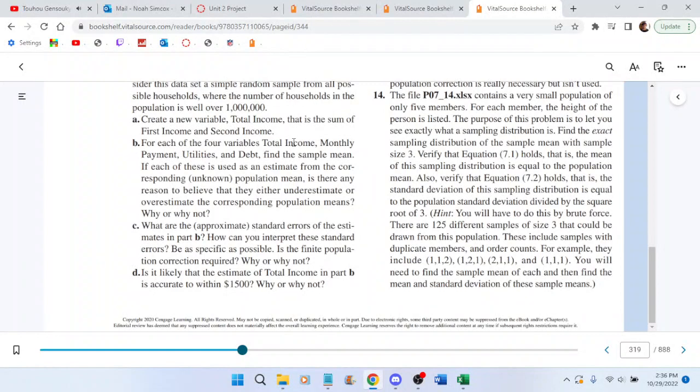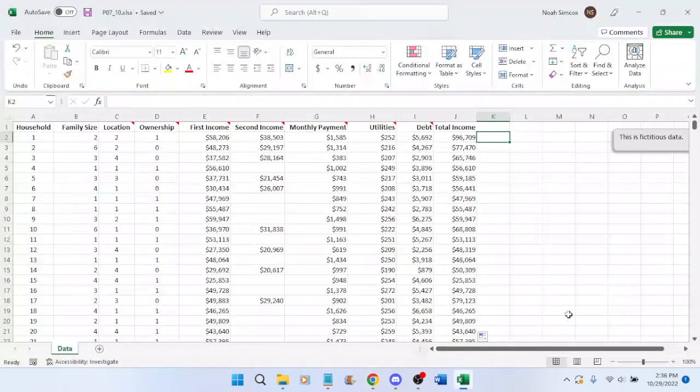So for each of the four variables, total income, monthly payment, utilities, and debt, find the sample mean. Okay, so that should be simple enough.